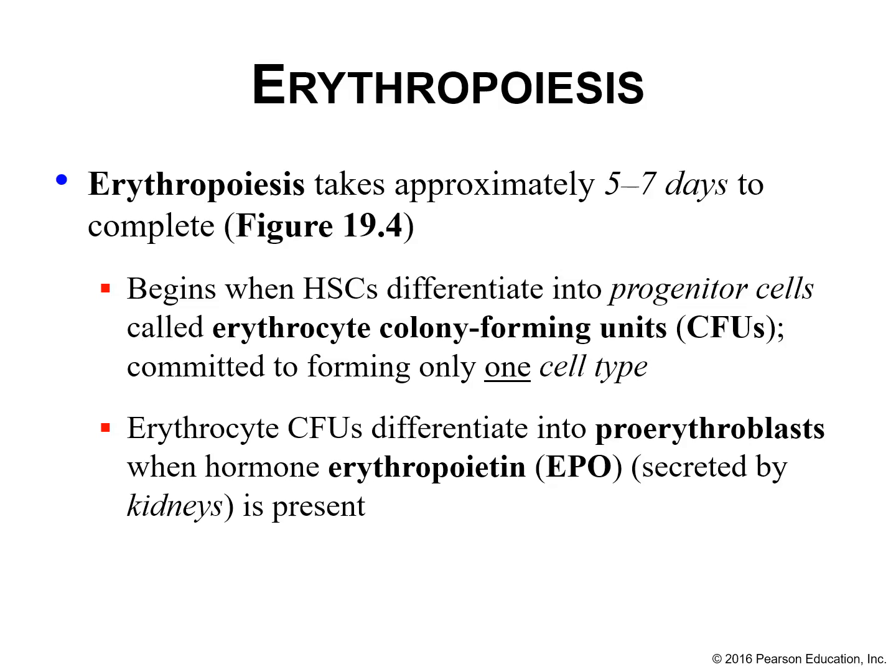The erythrocyte CFUs then differentiate into proerythroblasts only when the hormone called erythropoietin, which we generally abbreviate EPO, secreted by the kidneys, is present. Your kidneys, as we'll see later, are the organ that regulates your red blood cell production whenever they experience any kind of tissue hypoxia, or lack of oxygen.